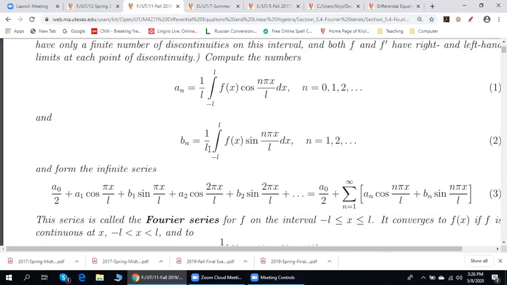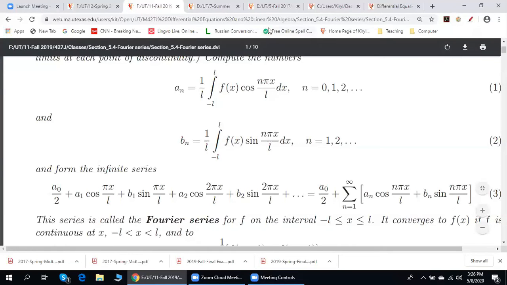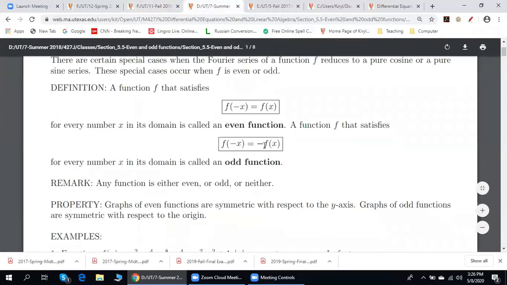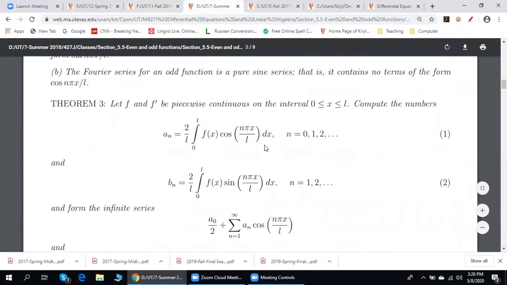Therefore, in order to find the total area, we just find the area of the right-hand side only, which is integral from 0 to L, and then multiply the whole thing by 2, which gives us 2 over L. It's exactly what is written here.